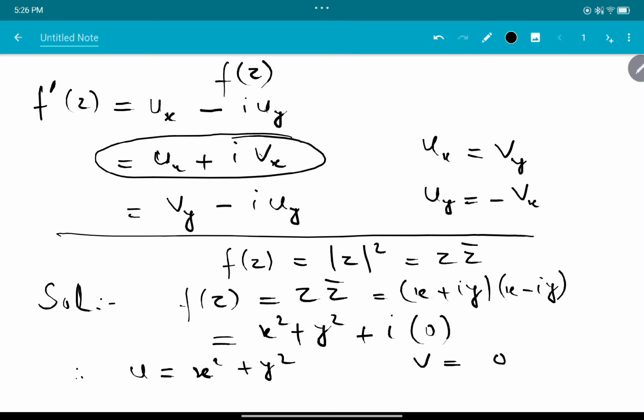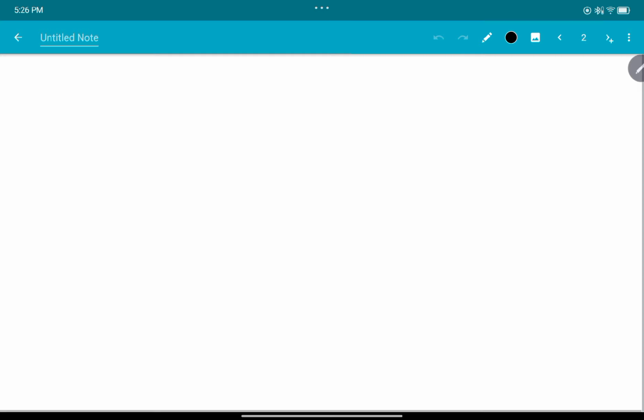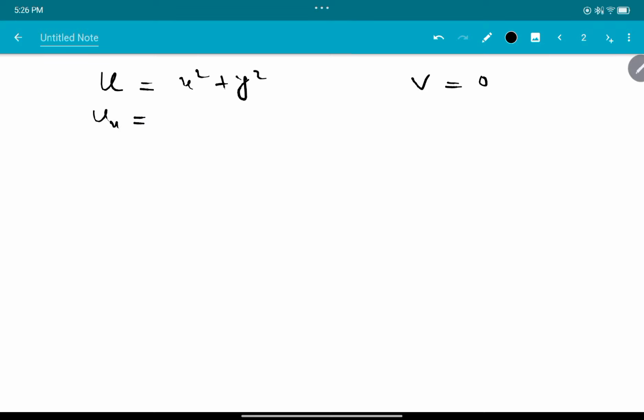Now let us examine whether it obeys the CR equations or not. u is equal to x square plus y square, and v is equal to 0. Let us differentiate with respect to x. We will get ux equal to 2x.